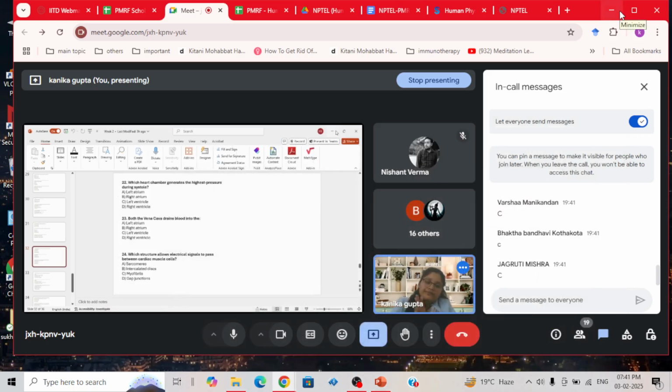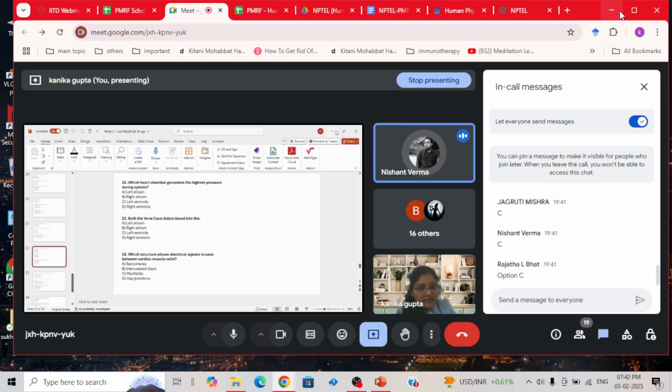Other people, what is your answer? Yes, it is the left ventricle, and the maximum pressure it reaches is, what is the maximum pressure? 140, sorry, 140 mmHg.